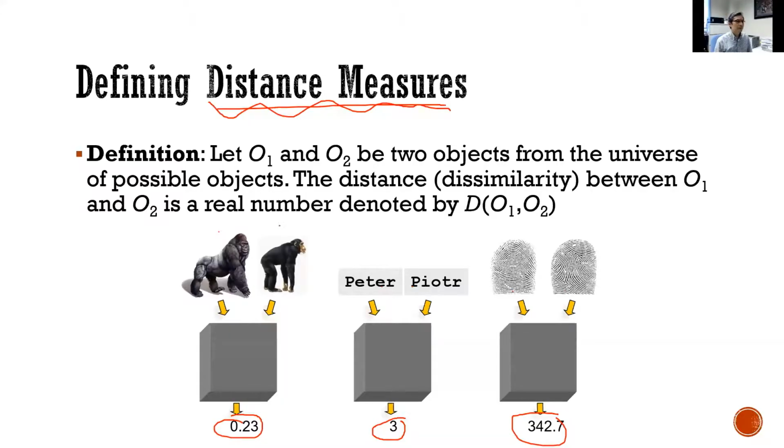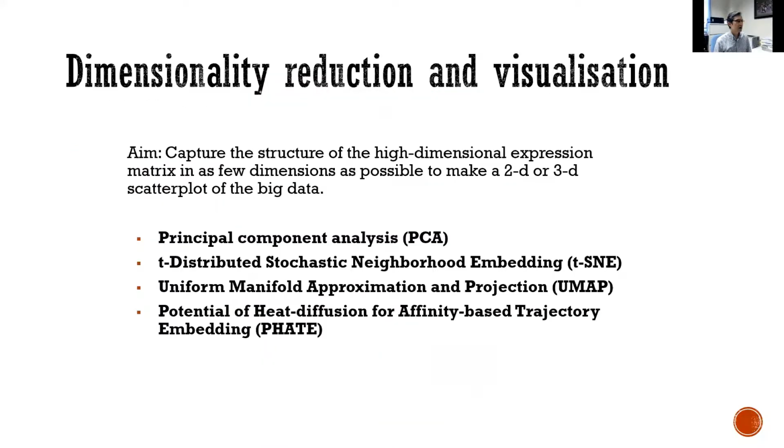Next I'm going to introduce a couple of the commonly used dimension reduction algorithms in single-cell RNA-seq data analysis. As you have already learned, multi-dimensional scaling, MDS, can be used to reduce dimension and visualize your cells. That method is closely related to PCA.